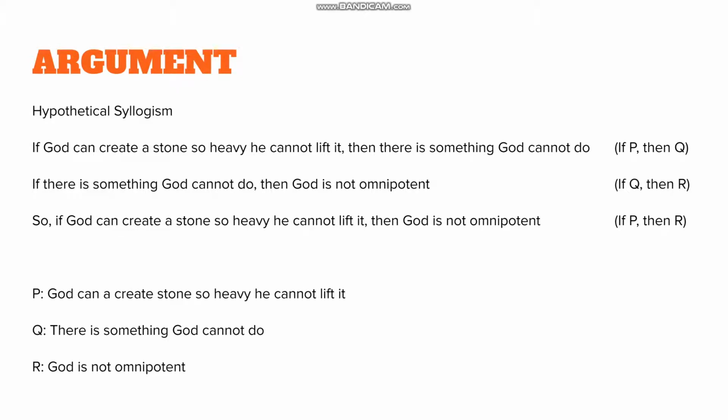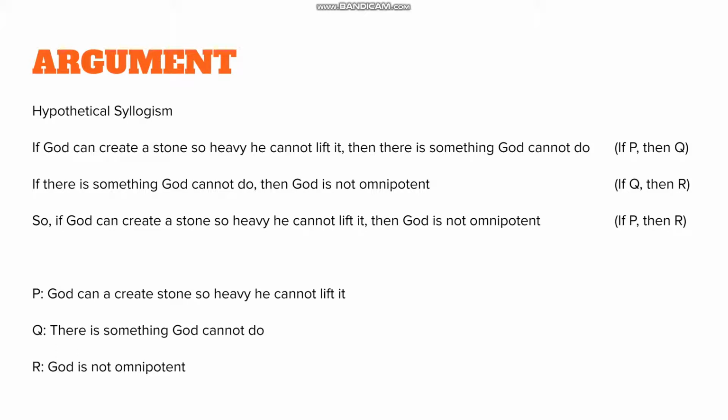Premise 1, if God can create a stone so heavy he cannot lift it, then there is something God cannot do. Premise 2, if there is something God cannot do, then God is not omnipotent. Conclusion, so if God can create a stone so heavy he cannot lift it, then God is not omnipotent. And in case you're wondering what omnipotent means, it means all-powerful.